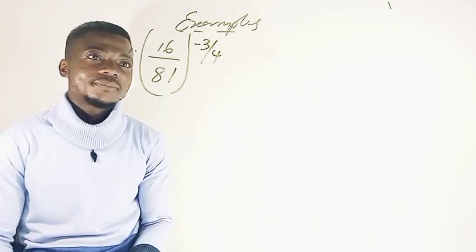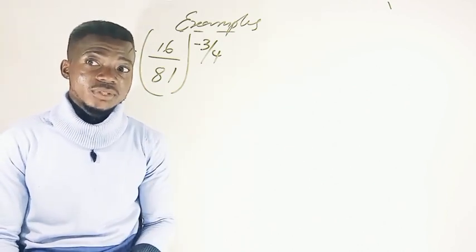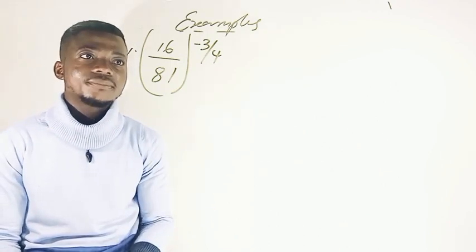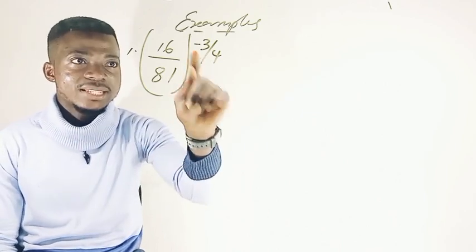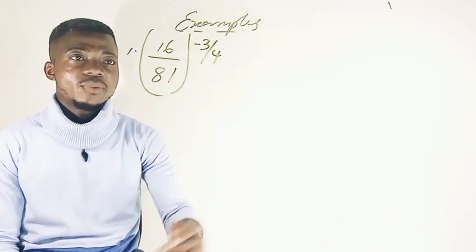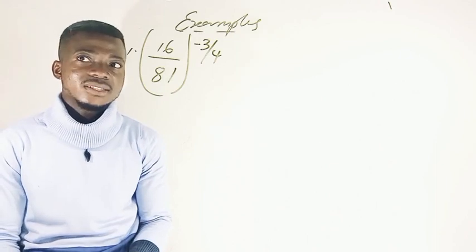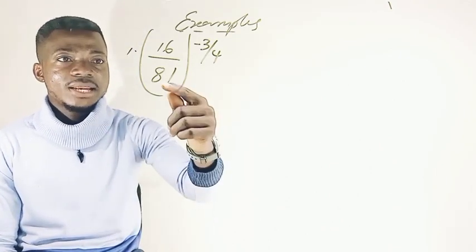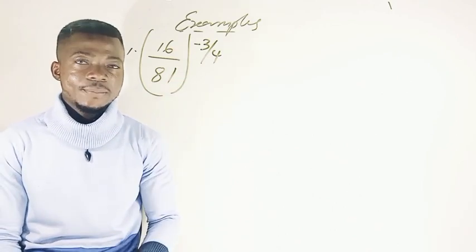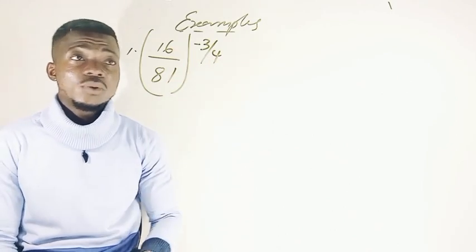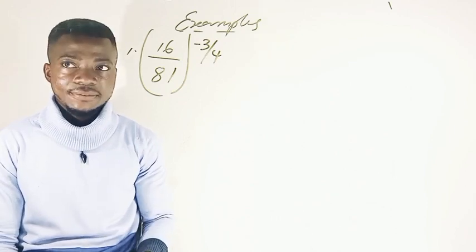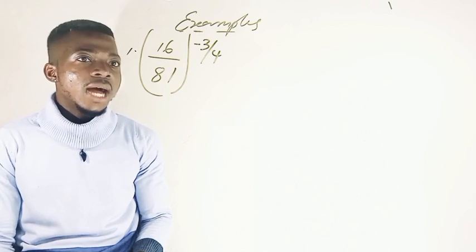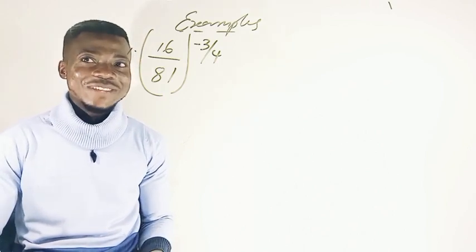This one, we went through the rules. We learned that when you have something like this with a negative, if you want to eliminate that negative, what you have to do is to reciprocate this fraction, or turn it upside down. Bring the denominator up and take the numerator down, so that the exponent will change to positive. That was rule number 5. Now let's do that.